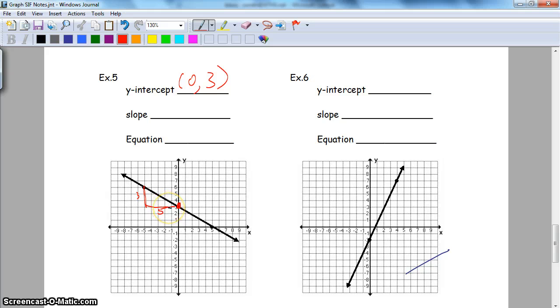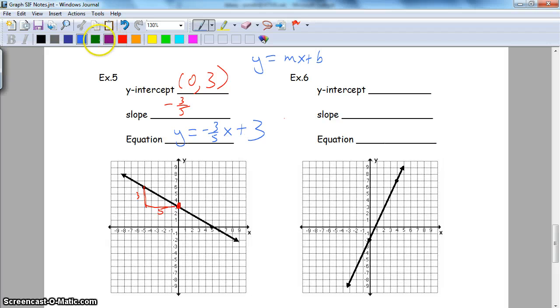Looks like 5. But is that a positive slope or a negative slope? That is negative. So our slope is negative 3 over 5. So what's the equation? The equation is y equals mx plus b. So our equation would be y equals, what's our m? M is slope. Negative 3/5 x plus, what is b? 3. That would be your equation here.